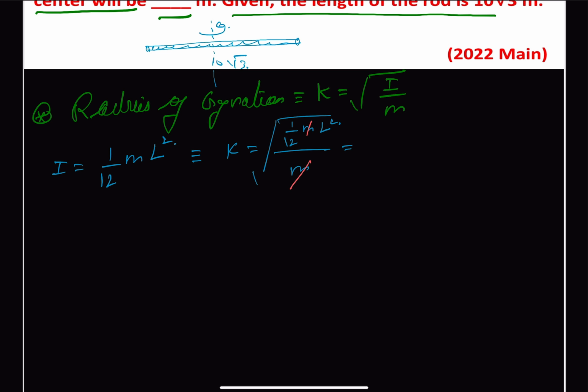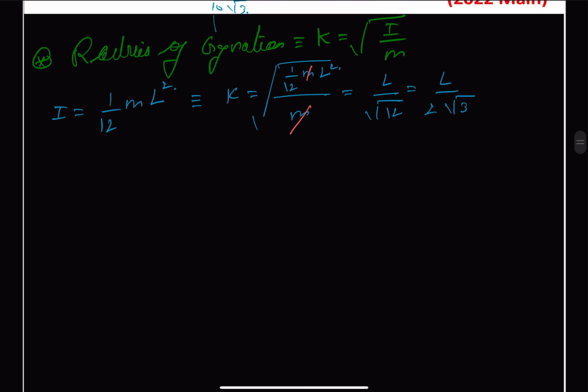We can take L outside, and this comes as L over the square root of 12, which can be written as L over 2 root 3. L is given to us, so the radius of gyration k is equal to 10 root 3 divided by 2 root 3.